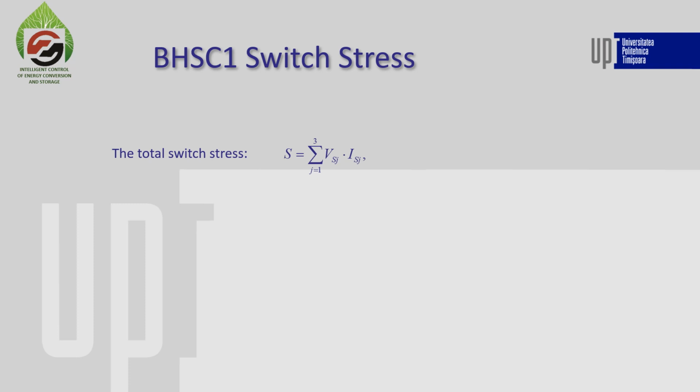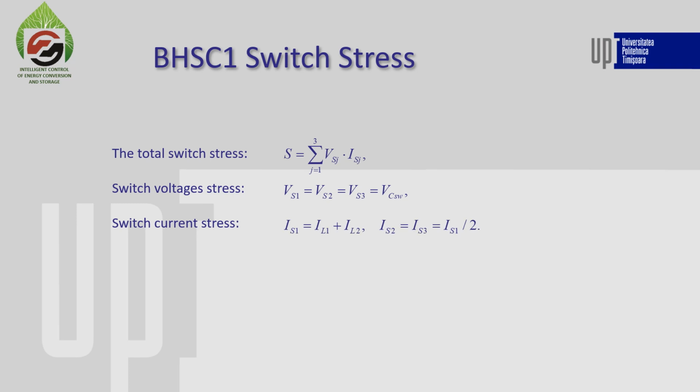Next, we continue by calculating the total active switch stress. As we've seen before, the voltage stress is lower for these three transistors because it is only equal to the switched capacitor voltage, which is lower than the higher voltage of the converter, and this is an important difference compared to the conventional buck-boost converter.